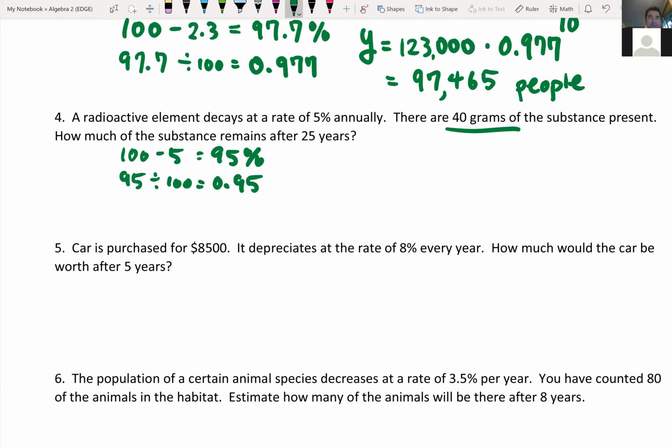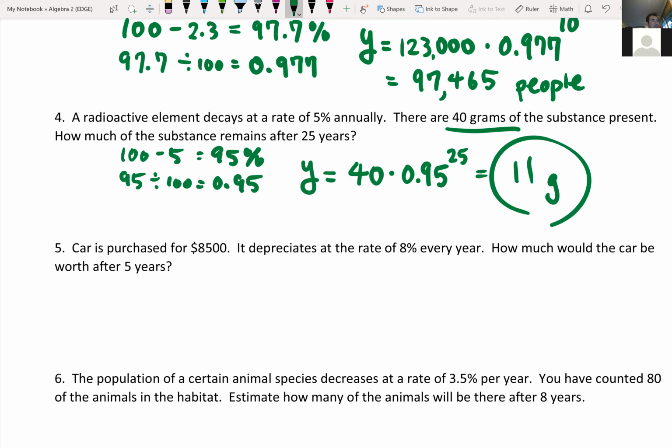Okay, y equals 40 grams, that's the initial value, and the rate of retention is 95%, 0.95 to the 25 years. Even after 25 years, starting with only 40 grams, you still have 11 grams of material left after 25 years.